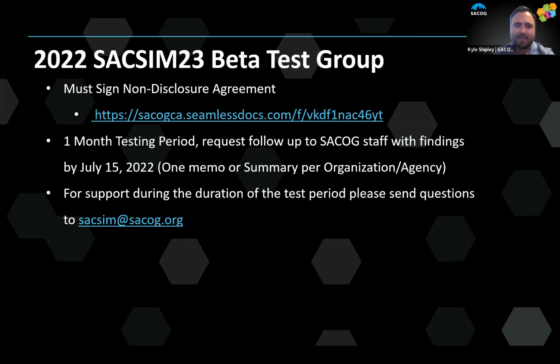So if you have questions during this on how to set up the model, changes, how to run it, or some of the calibration information that was just described by RSG, SACOG staff, Shengyi, Yame and I specifically are willing to put resources to help you out during this time.